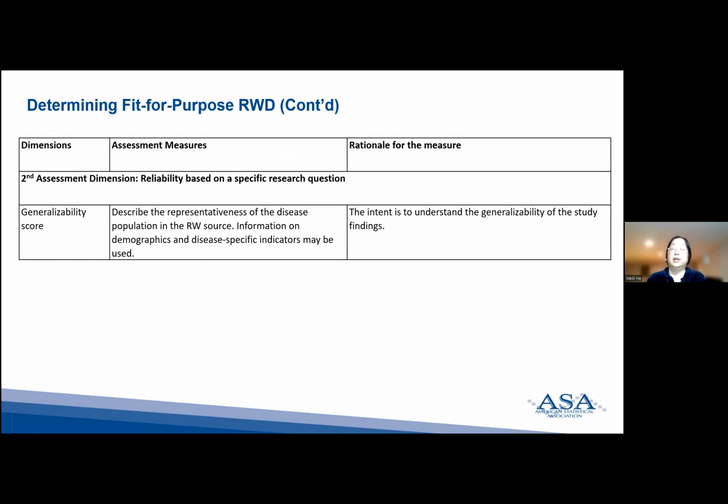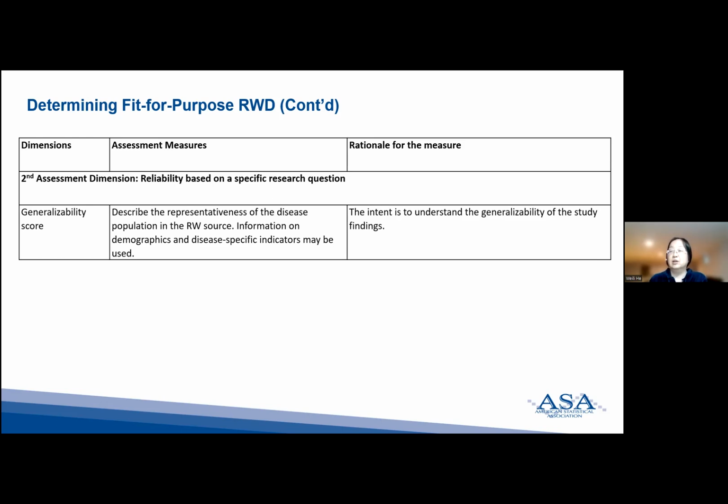Another aspect is what we call the generalizability score. What it means is to describe your real-world data source and how representative the subjects in the data source are of the background disease population, like the epidemiology. If you have a real-world data source on AML patients, we could compare the common elements of this data source with the epidemiology of the background rate for AML.